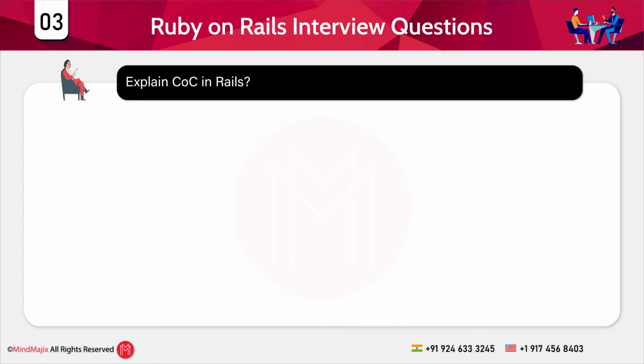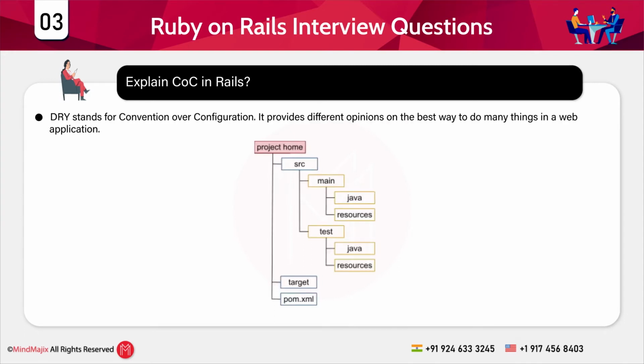Explain COC. COC is convention over configuration. It is again a principle of the Rails framework. It provides different opinions on the best way to do many things in a web application.